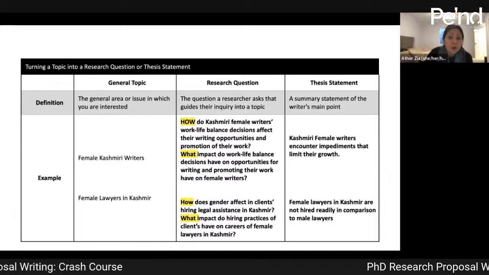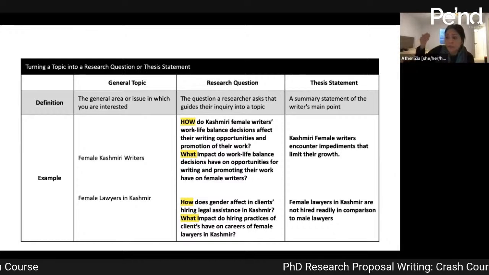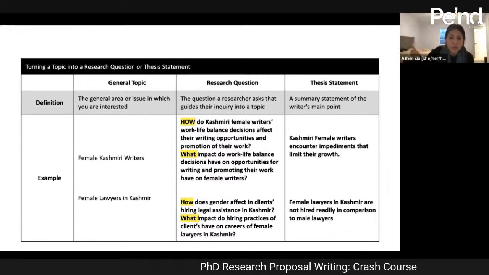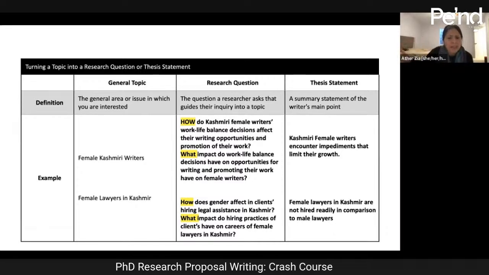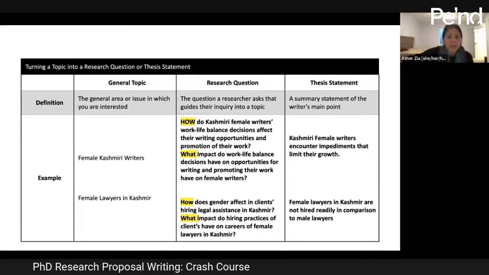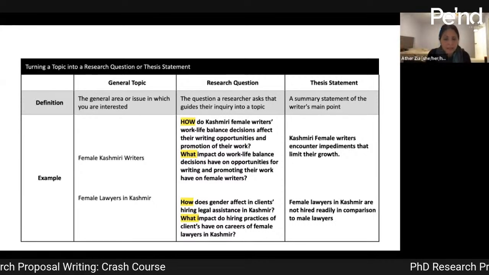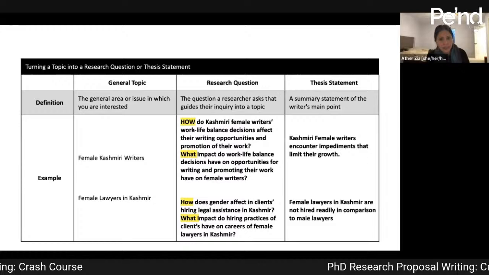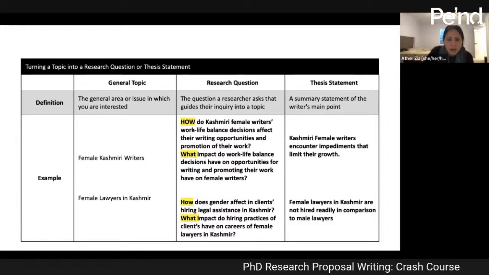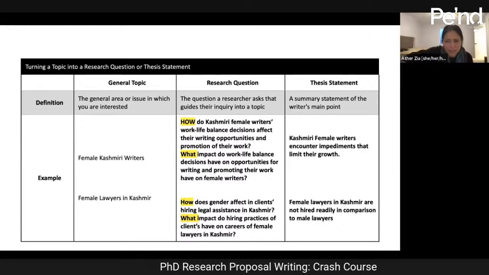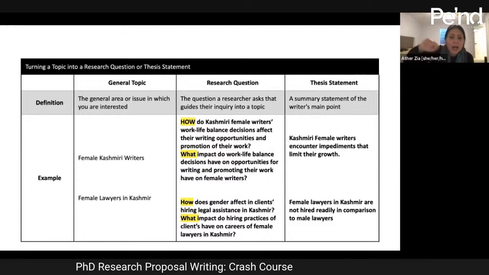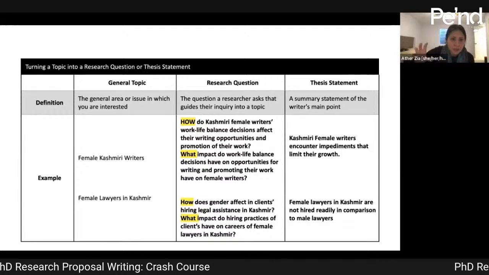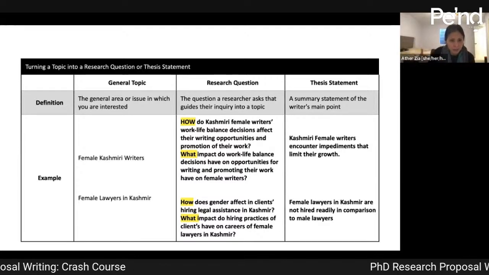And then the other form of this, now the general topic is female Kashmiri writers. What, not how, but what impact do work-life balance decisions have on opportunities for writing and promoting their work? Oh, sorry, they have on female writers, there's some grammatical issue there. So there are two iterations of this question. One is using the how and another is using the what.